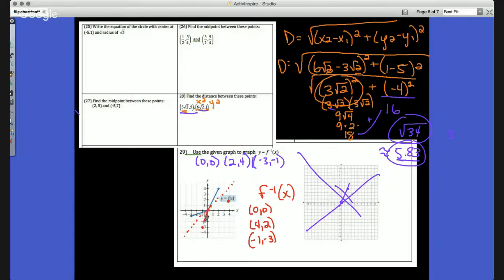So what we have now is our graph, it should be a little higher, but it should be just like that. That is our f inverse based on what was given to us here. So we find our points, we switch x and y, very similar to what we did previously. Again, that will be on part 2 moving forward.